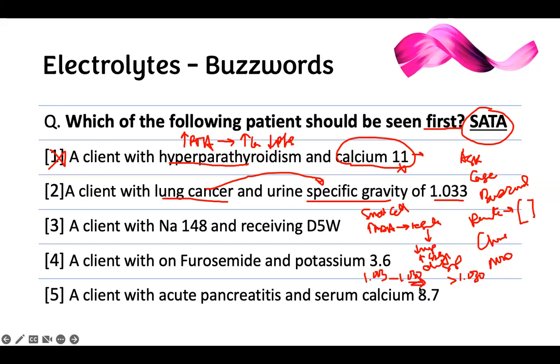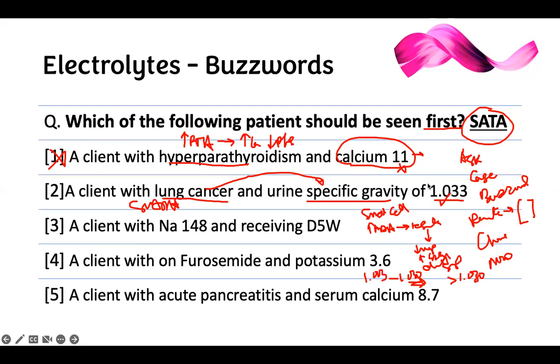Your urine is concentrated, therefore it's greater than 1.030. This is 1.033. So the patient is in SIADH. So this is SIADH, causing the specific gravity to be that concentrated.